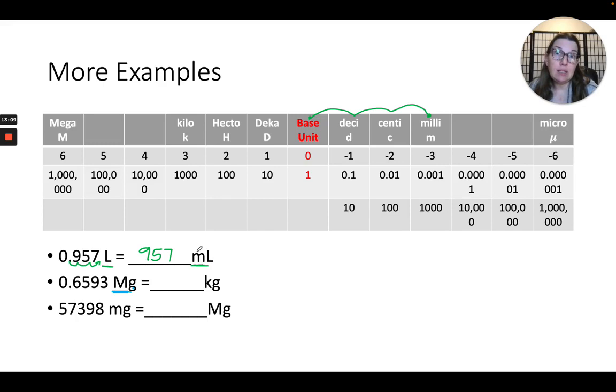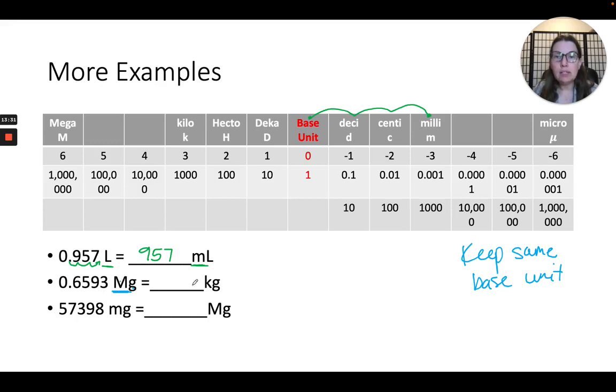That doesn't make any sense because grams measure mass and liters measure volume. So when we're doing these conversions, we have to keep the same base unit, and we're only changing up the prefixes. So here I'm going from one kind of gram to another kind of gram. So it's all mass, so it's all good.